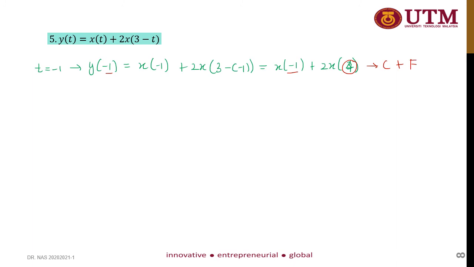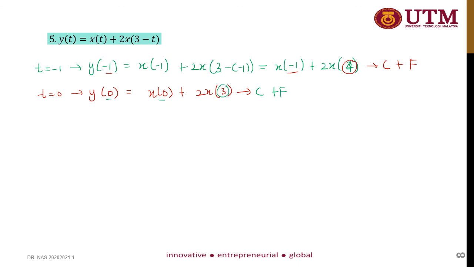Okay, let's try t equal to 0. y(0) equal to x(0) plus 2x(3 minus 0), which is 3. Okay, so let's check the states. So the current state is 0, so here you have current state plus 3, again another future value.